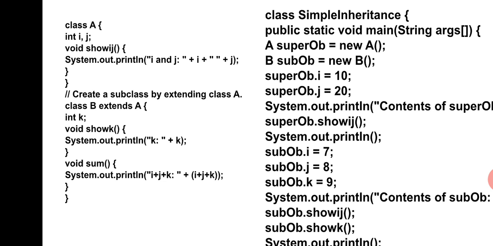Next you have one more method called sum, where you print the sum of i, j and k.